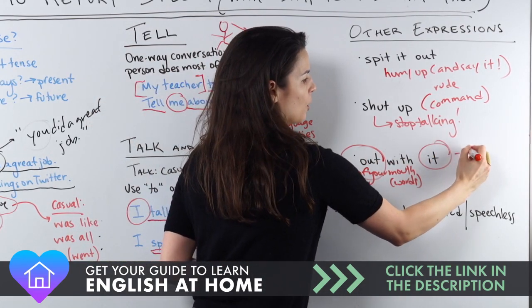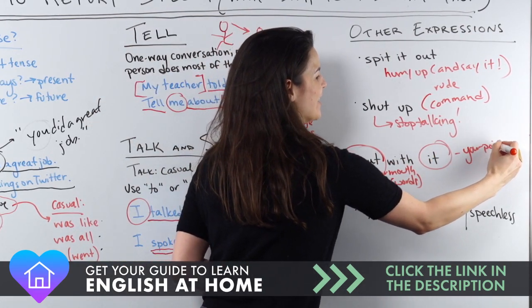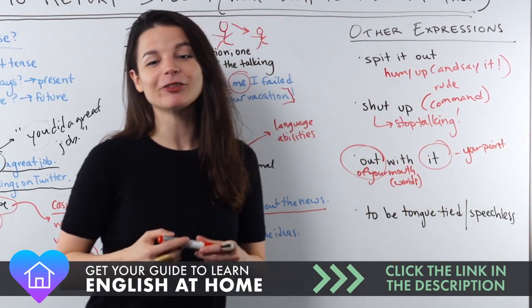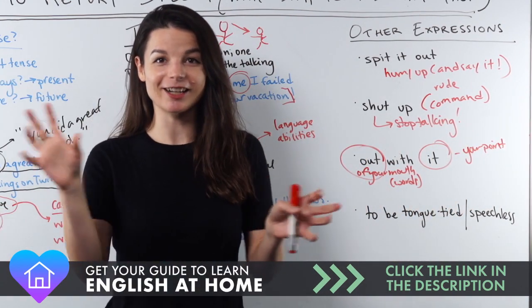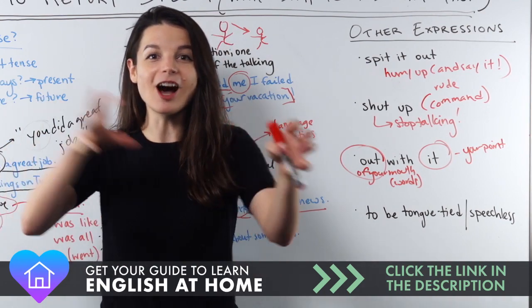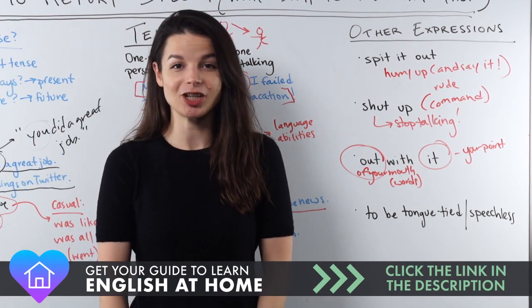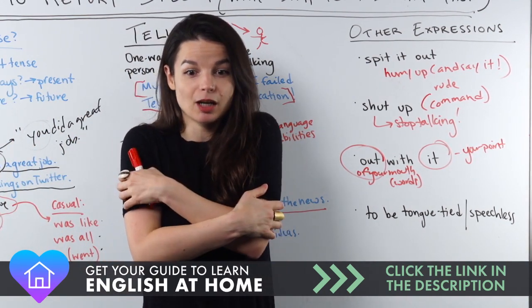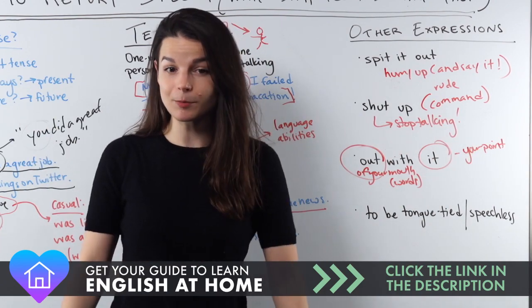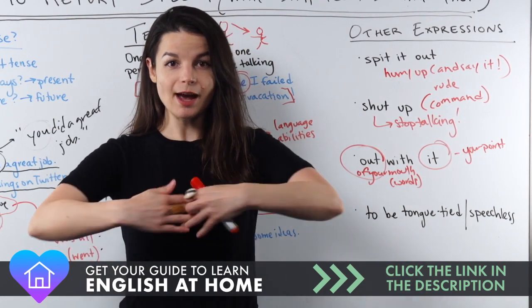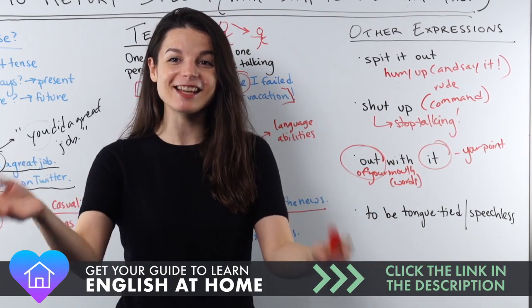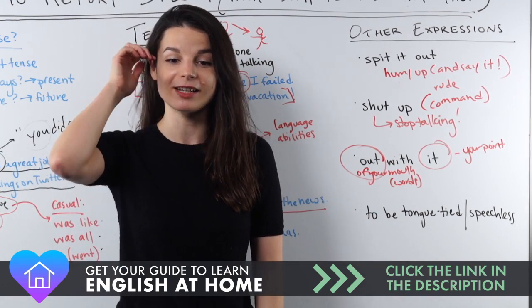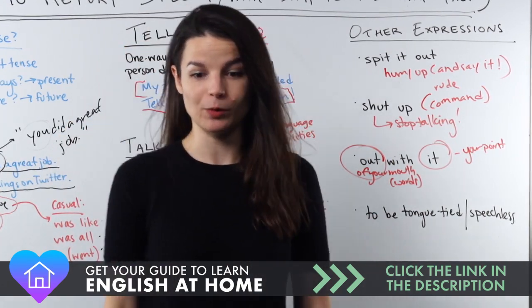It means your point. This is useful where someone is talking a lot, but they're not telling you the key information, or they're keeping it a secret or creating too much suspense. You can use out with it. Just say it, say the surprise, say the secret, whatever it is. Out with it.